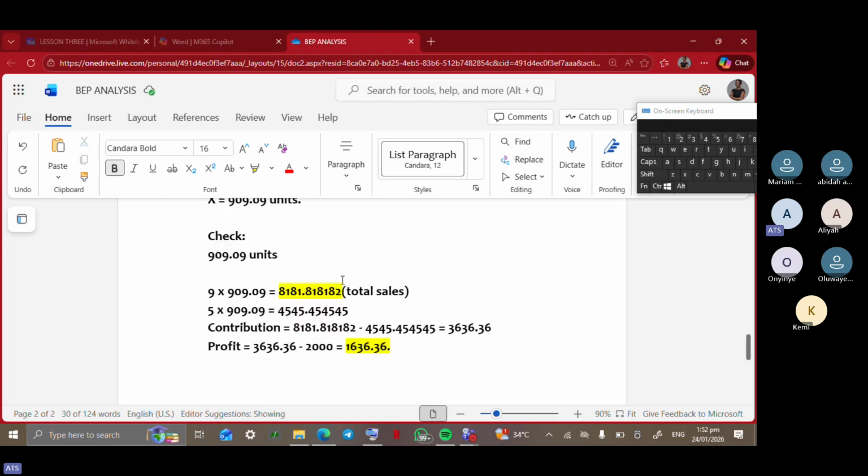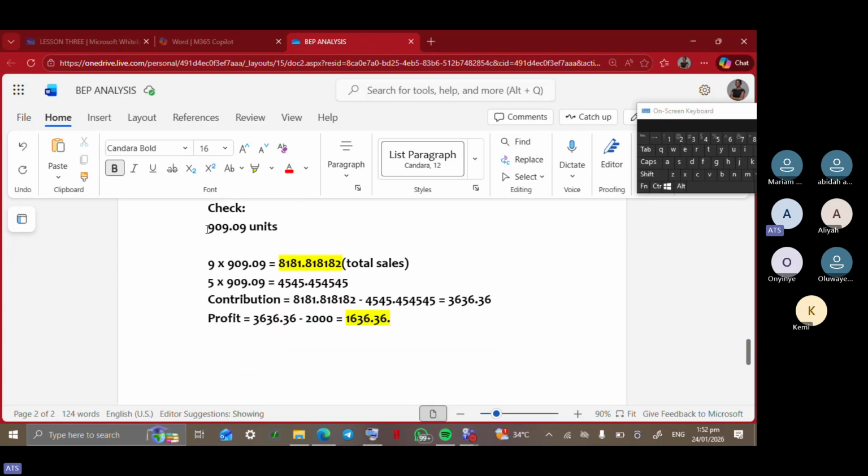But this one now was just to check. We are checking whether this 909 actually gives us a profit that is equal to 20% of our total sales. And so we checked. This is our sales. Let me make this clearer.